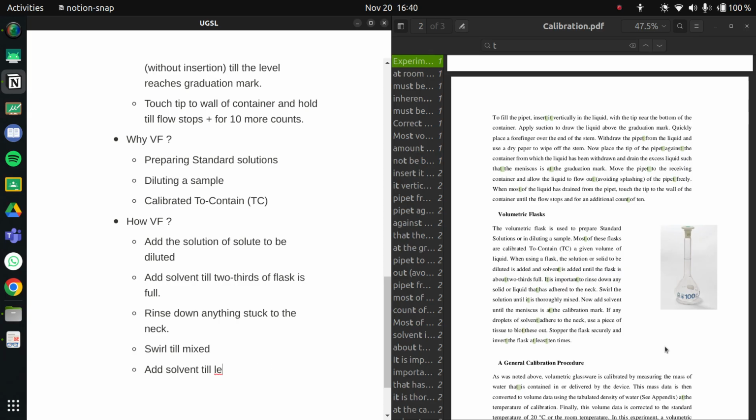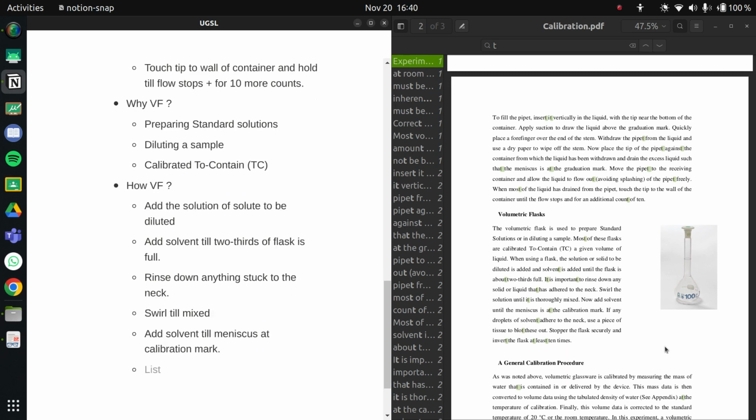Okay, till meniscus. The meniscus is basically the base of the actual meniscus, right? Yeah. Calibration mark. At calibration mark. Okay, cool. That's amazing.